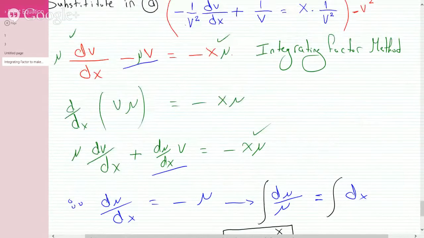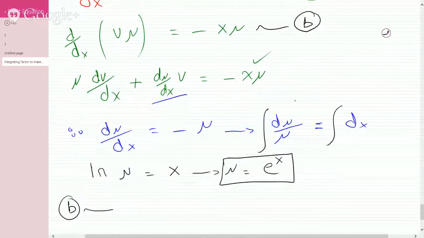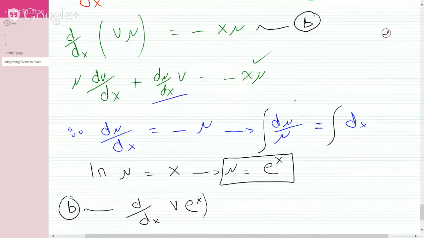And we're going to multiply our integrating factor into equation b here. So then b becomes d over dx of v times e to the x is equal to minus x e to the x.